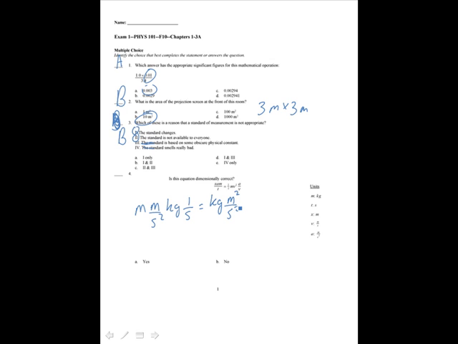V is meters per second. A is in meters per second squared, and then V is in meters per second, but that's inverted, so I'm going to write it as seconds over meters. So let's see, this meters cancels out with this one, and this seconds cancels with one of these, and so on the right hand side we're left with kilogram meters squared per second cubed. So it is dimensionally correct.